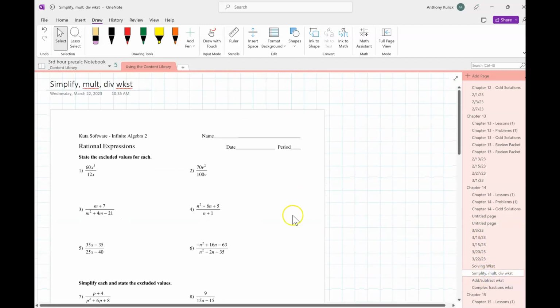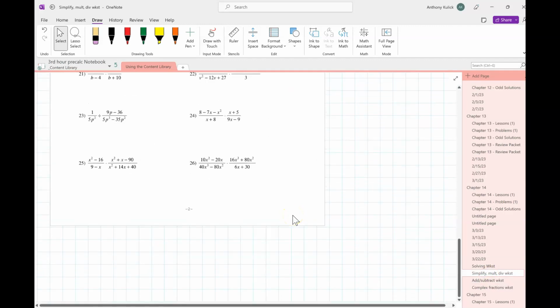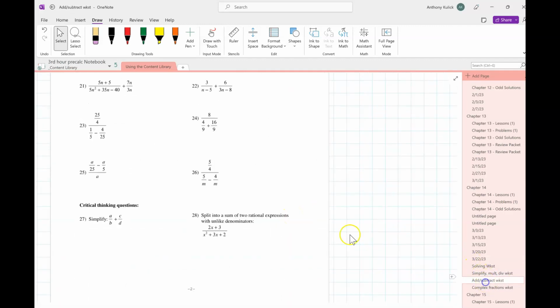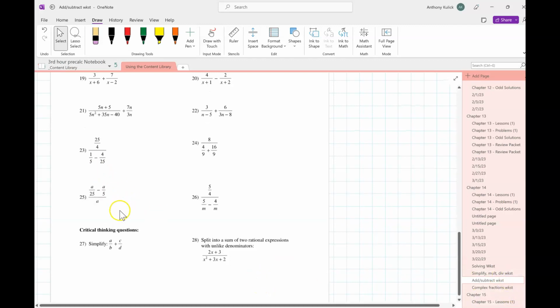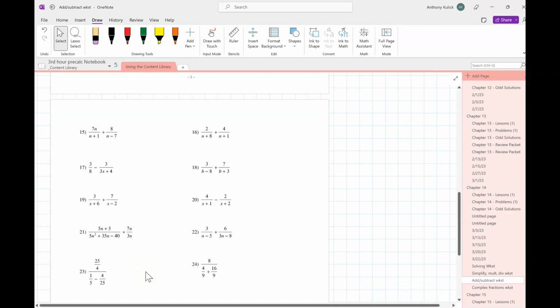Let's just say worry about doing the odds on these sheets. Since you have 2 sheets, we'll just do half of them. And don't worry about these like critical thinking questions at the end. Okie doke. Okay, we'll stop here.